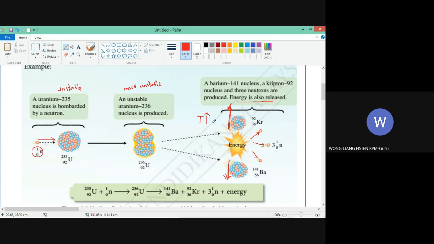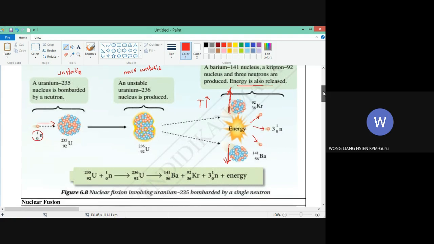The whole substance or the whole object will become hot, or the temperature will increase. Okay, get the idea? Can understand? This is how we can get heat energy from nuclear fission.